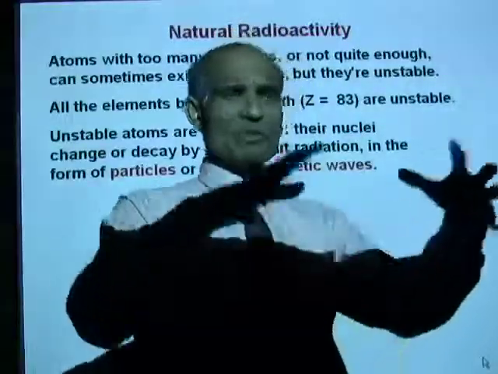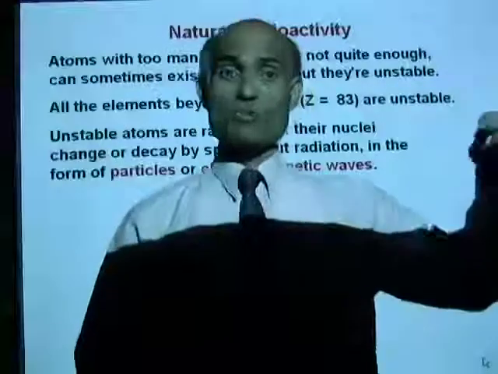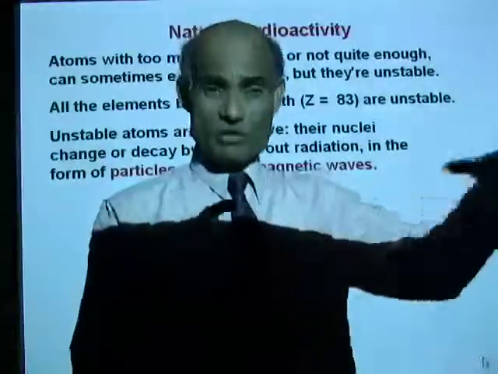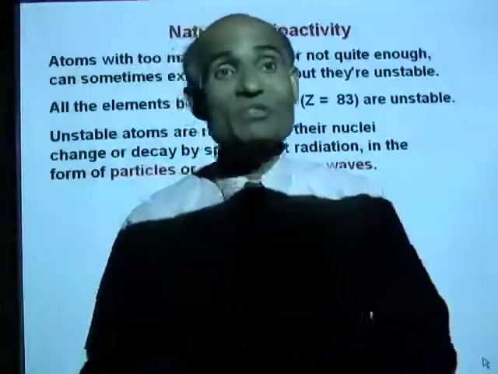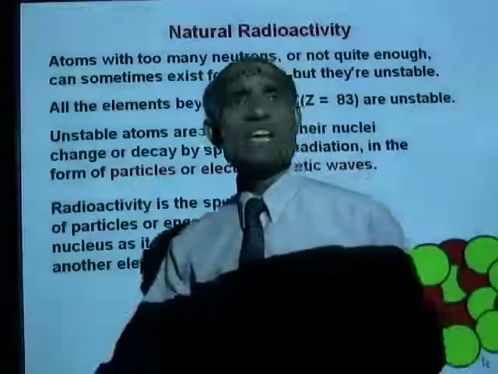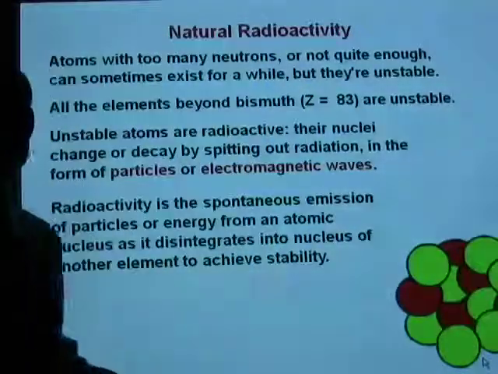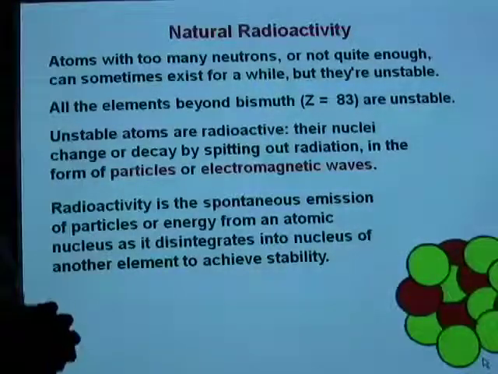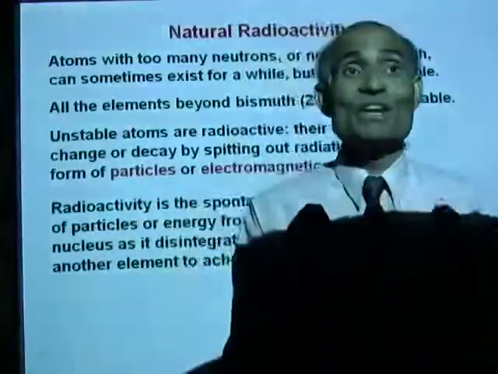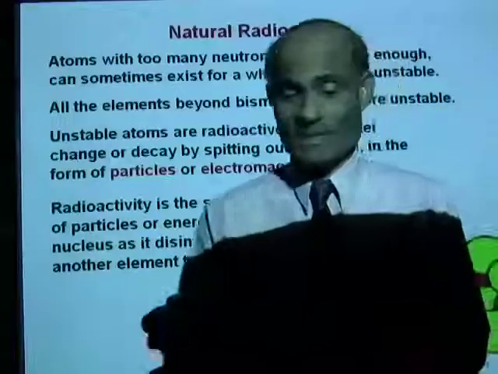Just like if you have a group of people and there are two people creating trouble, we can chuck them out to create stability within that group. Radioactivity is the spontaneous emission of particles or energy from an atomic nucleus in order to create stability.